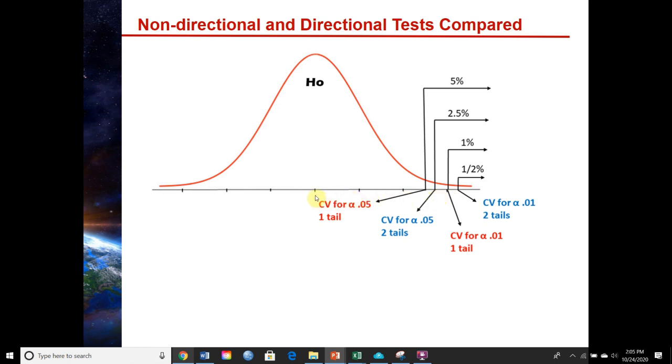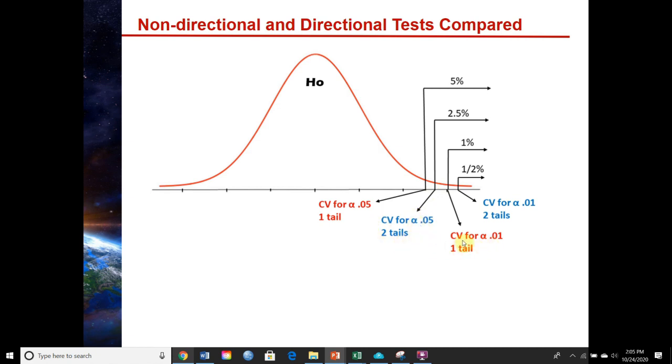Your test statistic, remember, gets bigger and bigger as we move towards the tail. Probability is going down. So whereas this critical value could have been maybe a 3, maybe this critical value is going to be a 3.5. I don't know what number it is, but it's going to be larger. And that's because we need to shrink the area. All right, so let's just hypothetically say that this is the critical value for an alpha 0.05 two tails.